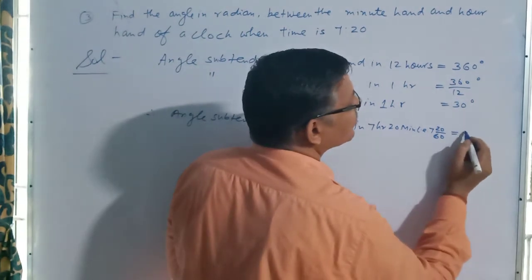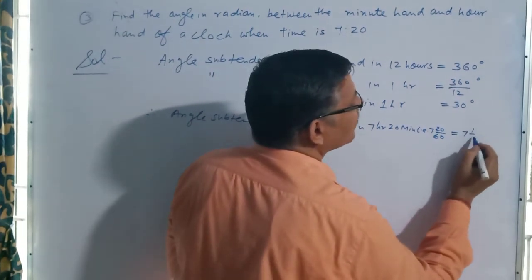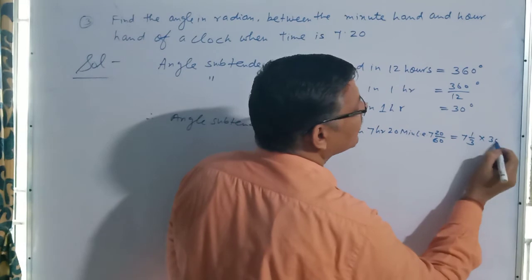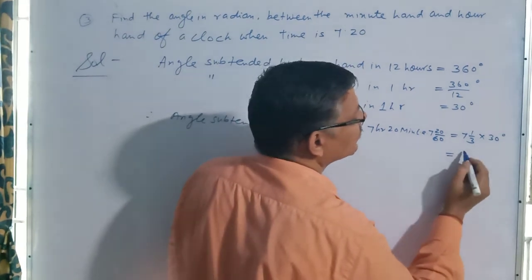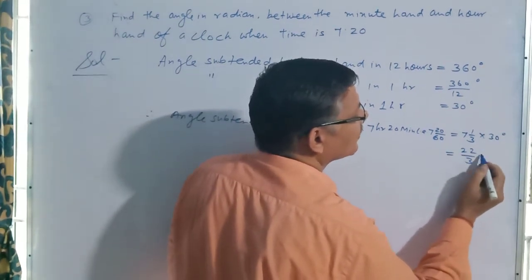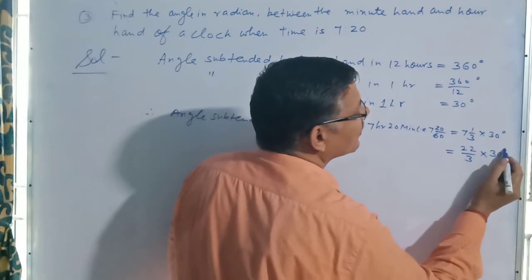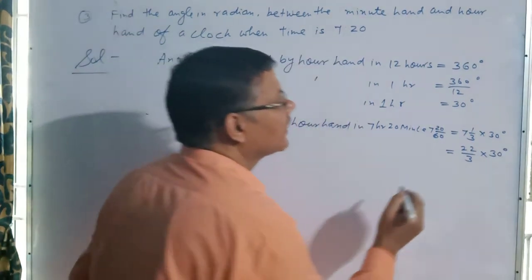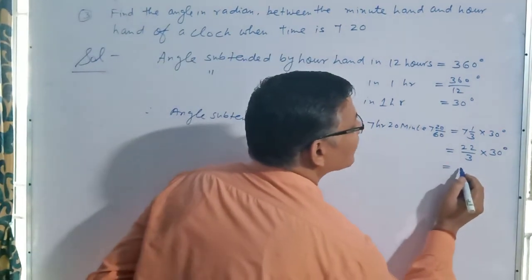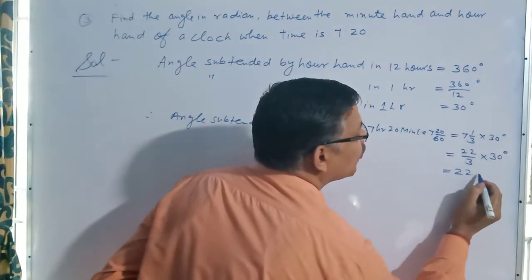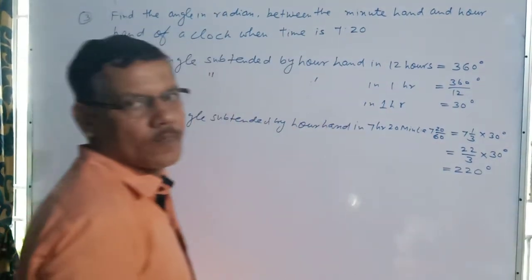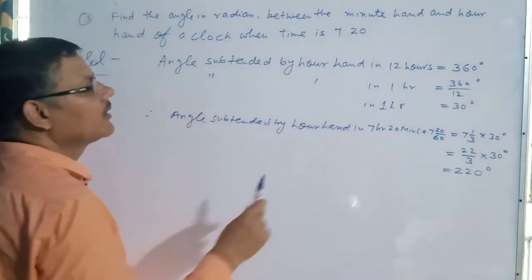It is equal to 7 and 1 by 3 into 30 degree. It is equal to 22 by 3 into 30 degree. Simply we get it is equal to 220 degree.